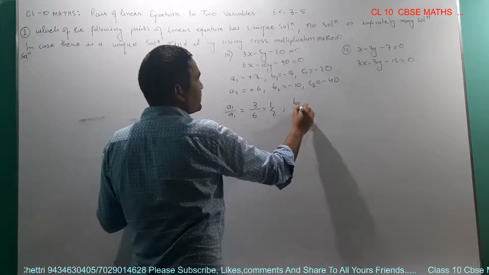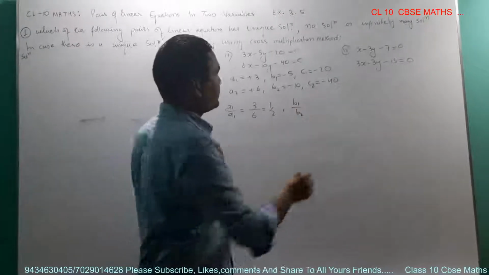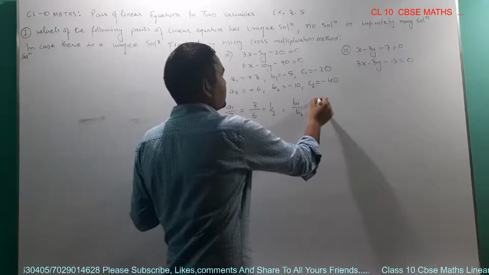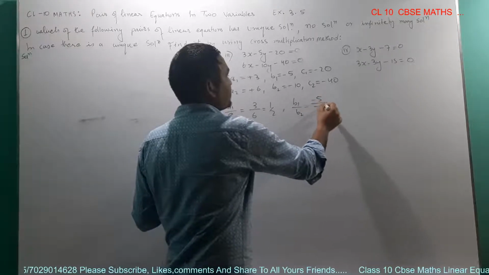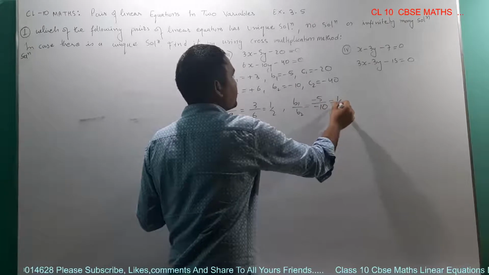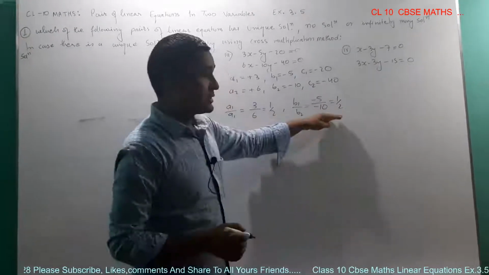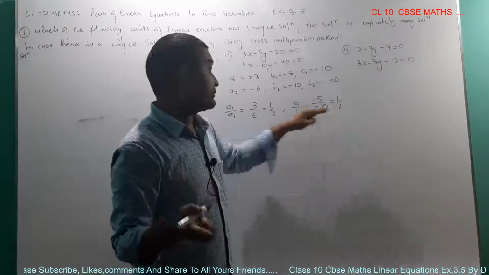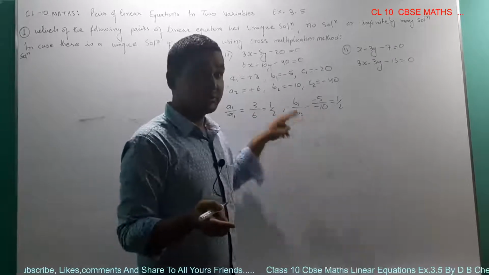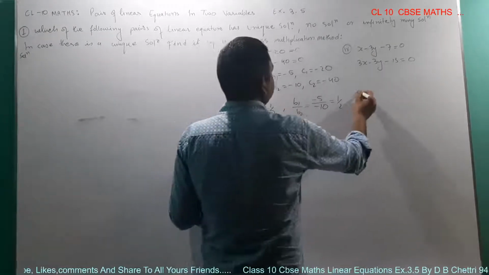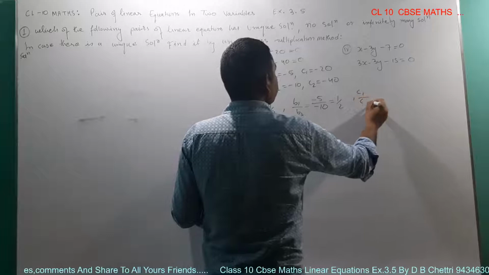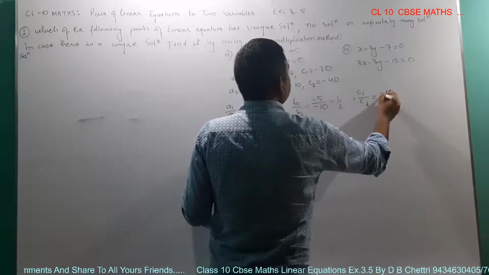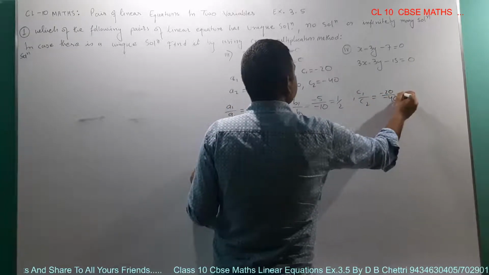Then B1 by B2, minus 5 by minus 10, cancel it, it is 1 by 2. If these two ratios are same, then only get the third ratio. 1 by 2, 1 by 2, these two ratios are same. Let's get the third ratio. C1 by C2, minus 20 by minus 40, is 1 by 2.